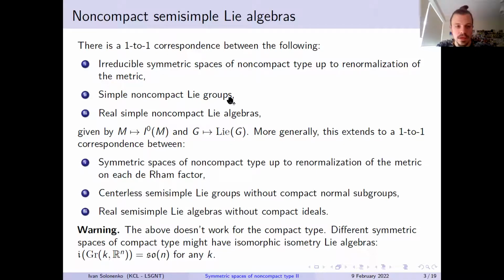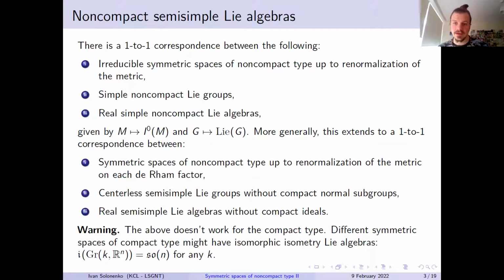Okay, so the warning goes that it doesn't work for the compact type for many reasons. The main reason is that you can have different non-isometric symmetric spaces of compact type that share the same isometry Lie algebra. So, for example, all Grassmannians of k-planes in R^n share the same isometry Lie algebra so(n), regardless of k.